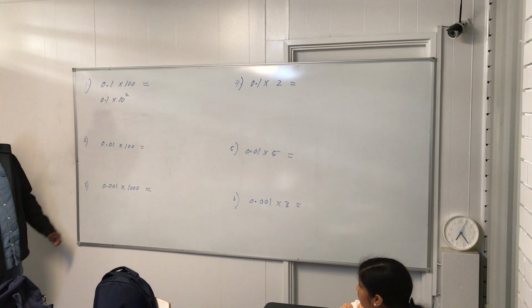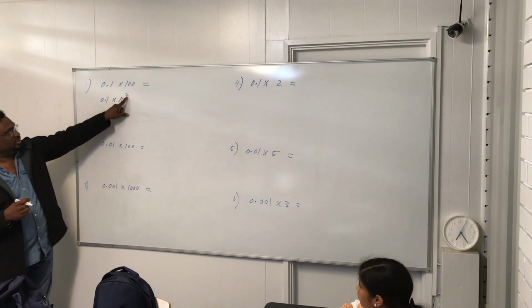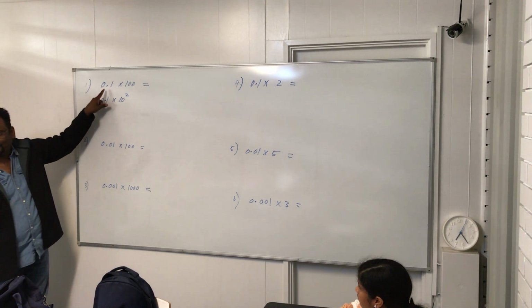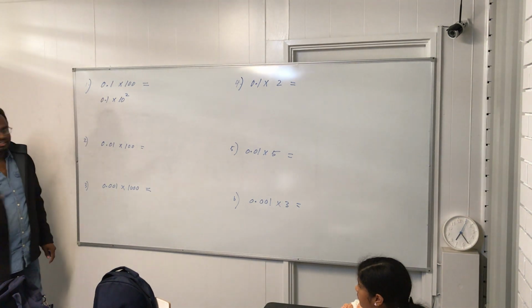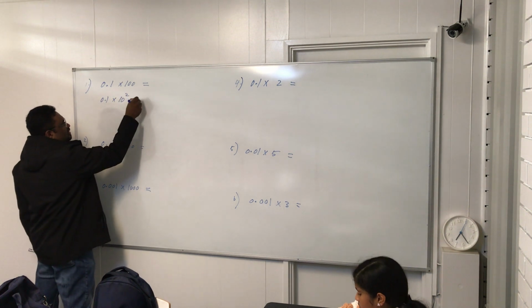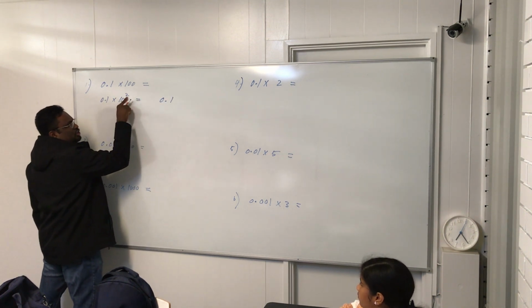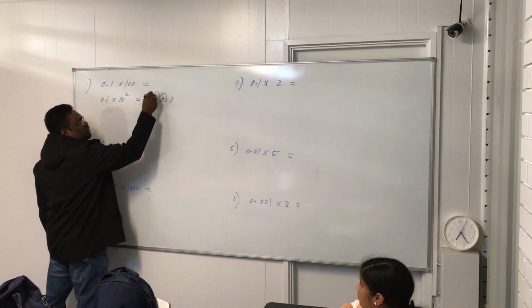So now you can see positive 2 here, right? If it is positive 2, this decimal goes to where? No, left. If it is positive, it goes to left. So 0.1 was what you had. How many positions do you go? 2 positions. 1, 2.